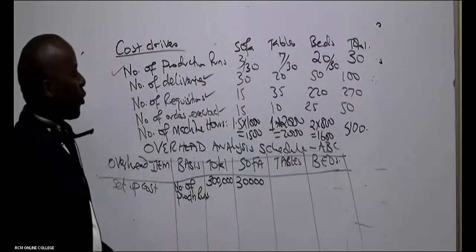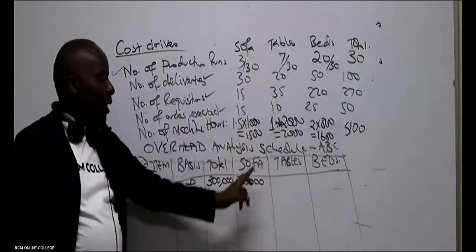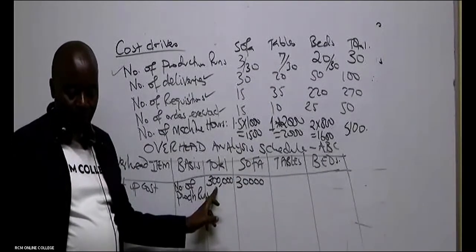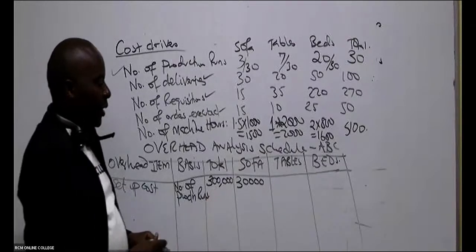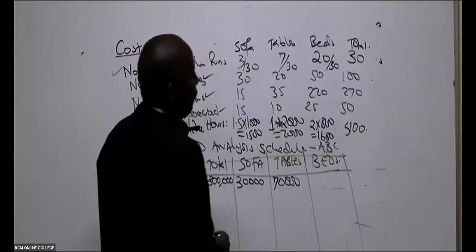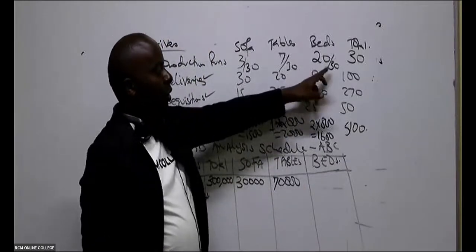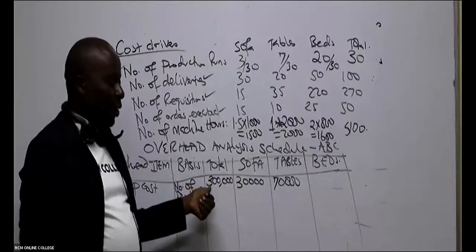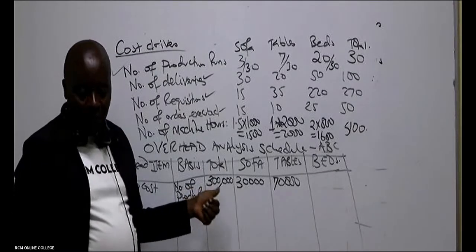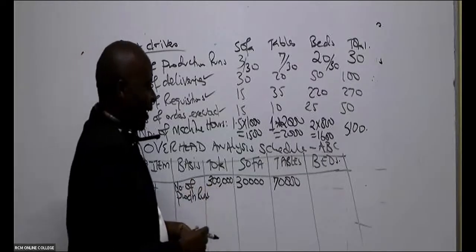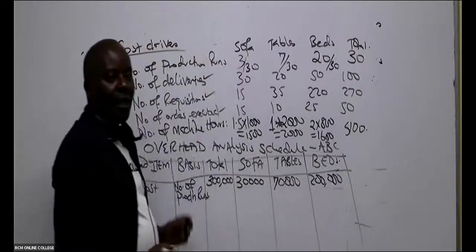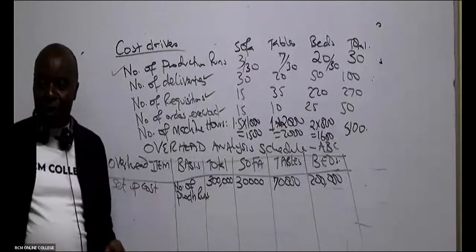The next one will be 7 over 30 times 300,000. That is 70,000. From there, we have beds, which will be 20 over 30 times 300,000. Look carefully. It is 200,000, isn't it?